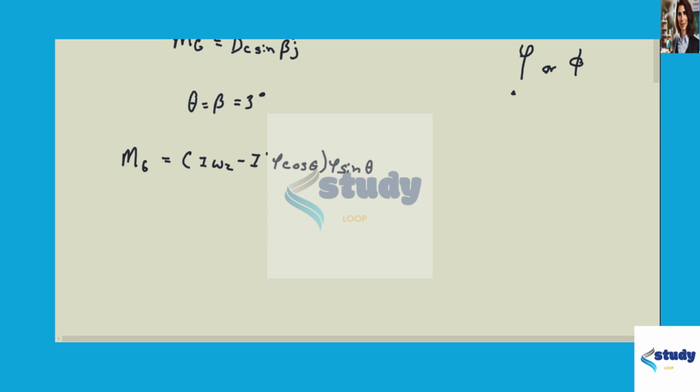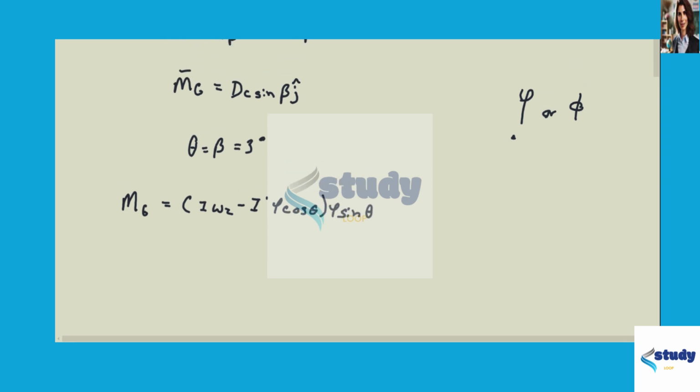And so now we have to compare these two. So what we're going to do is replace this here. Okay. So from that, we have D C sine beta j hat. And actually, we don't need the j hat here.